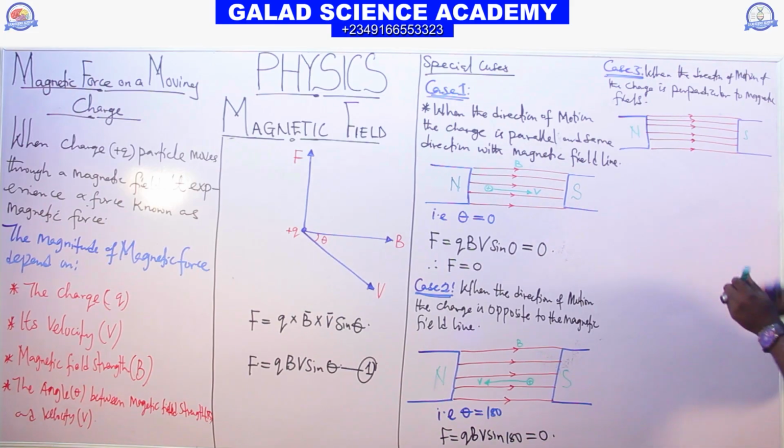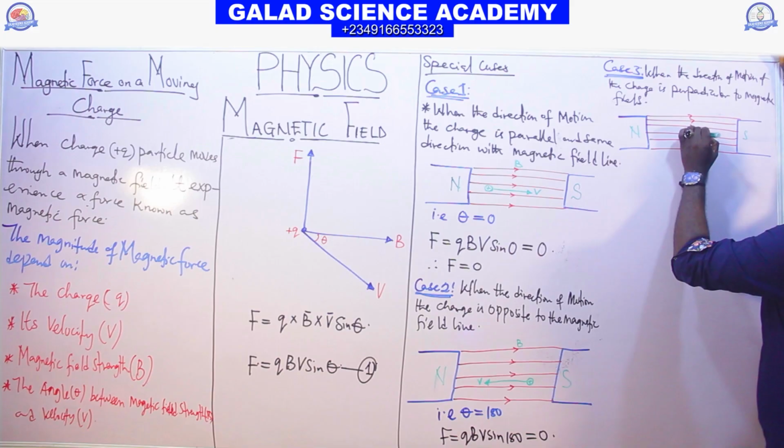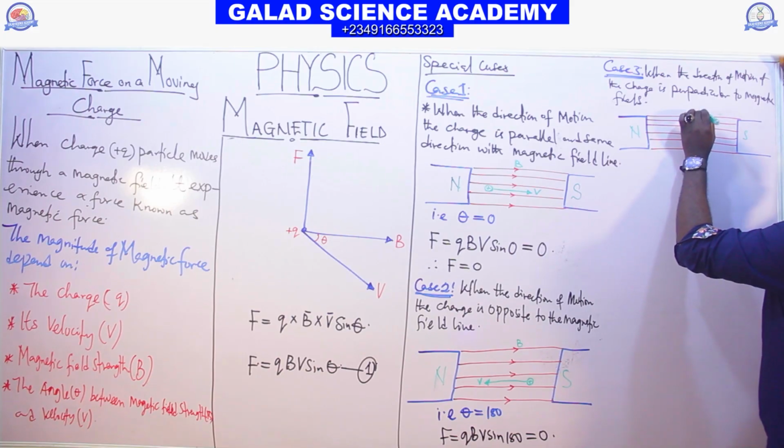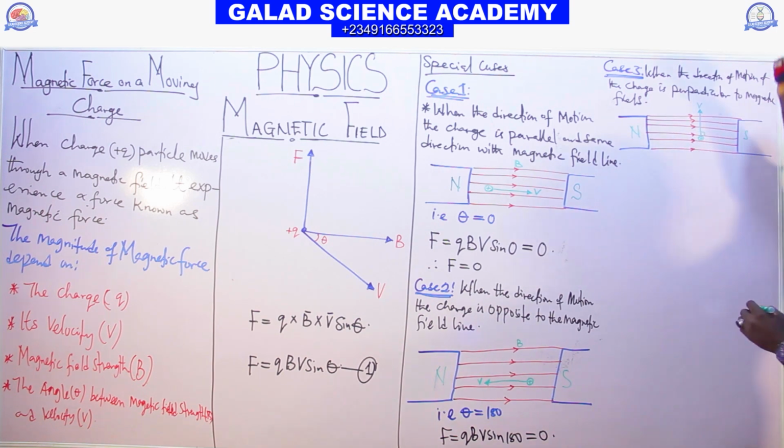But if the charge is here, and this is the direction of velocity of the charge, it is perpendicular to the magnetic field.